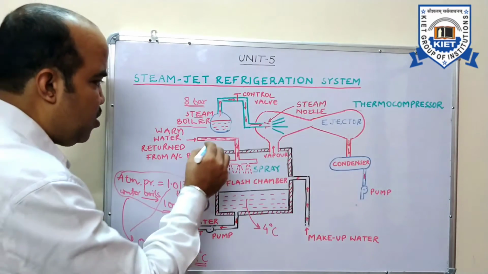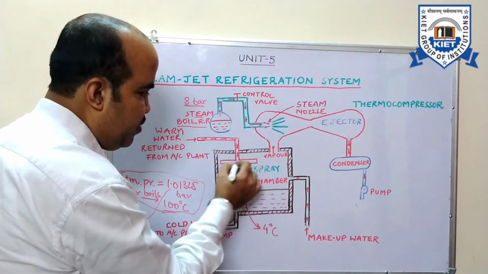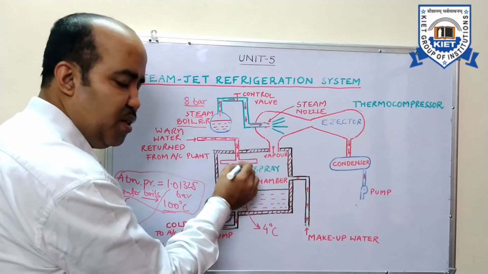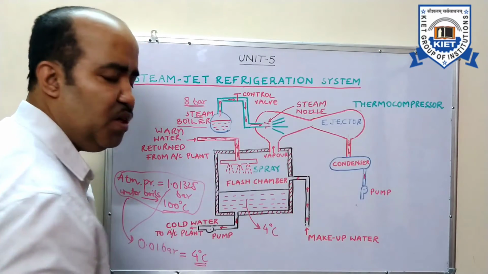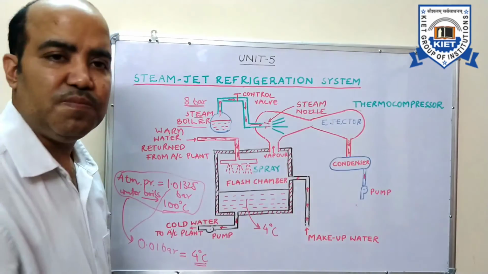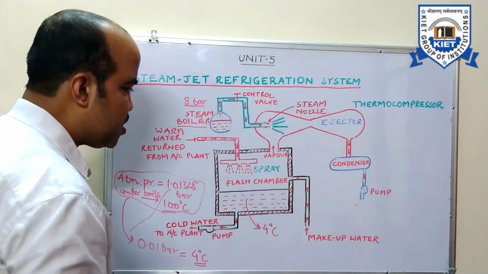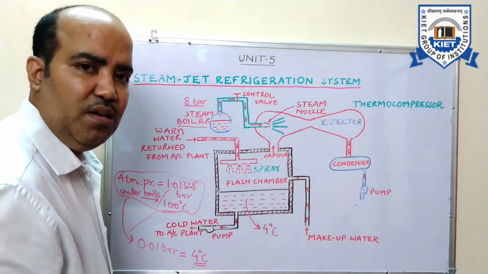When the water comes over here, as you can see, this is the tray where we have a number of nozzles. Water comes out in the form of very minute droplets from these nozzles, and this water is moving in the downward direction.